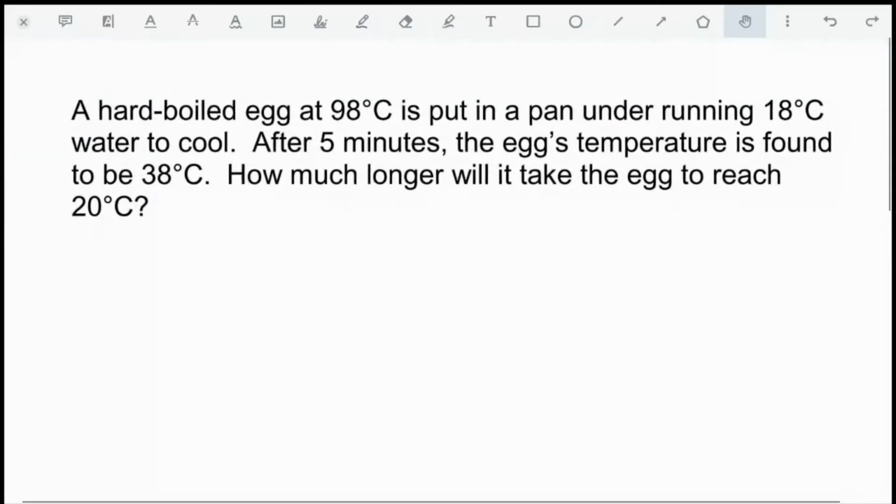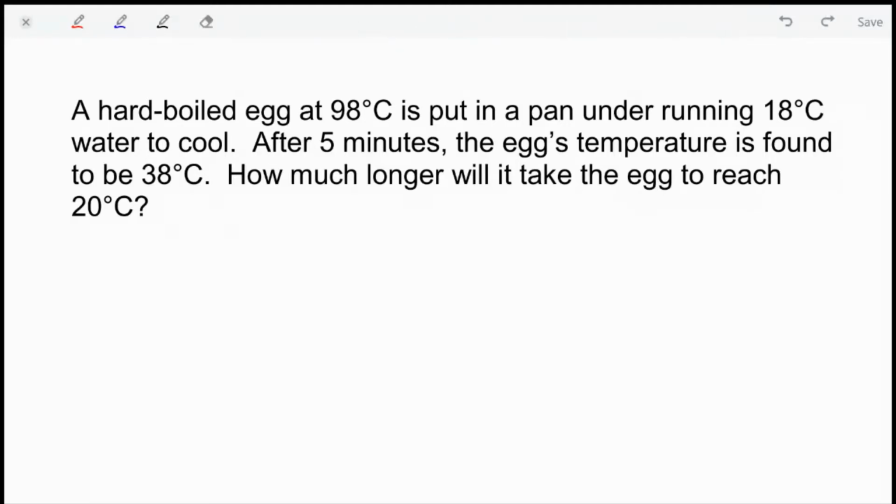So like I said, really what we're doing here is kind of the same thing as last time, but we have a slightly different differential equation. So it says a hard-boiled egg at 98 degrees is put in a pan under running 18-degree water to cool. After 5 minutes, the egg's temperature is found to be 38 degrees. How much longer will it take the egg to reach 20?